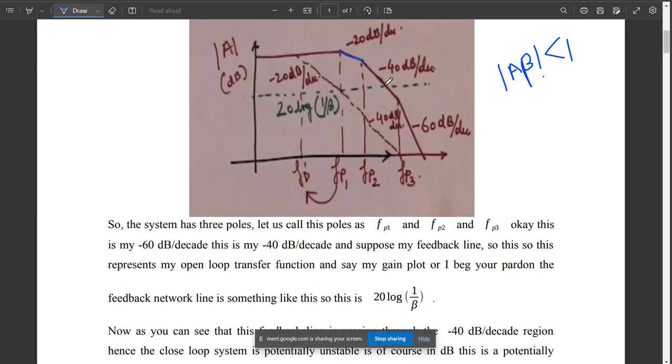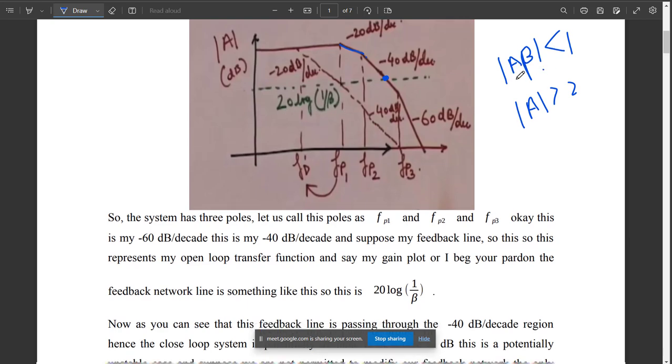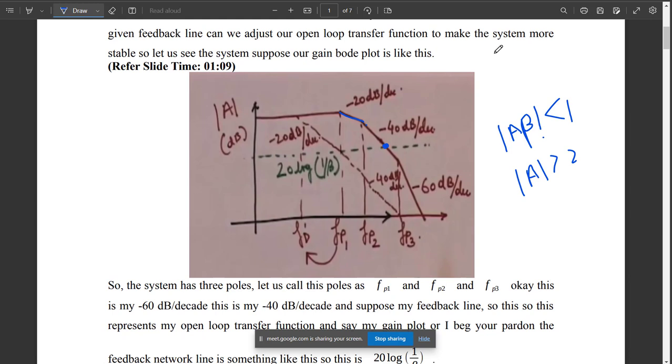So here, till this point, when mod of a is greater than 20 log 1 upon beta, because from here you can see mod of a has to be less than 1 by beta, and in dB terms it will be 20 log 1 by beta to become unstable. So till the point where mod of a is greater than 20 log 1 by beta, the system is stable, which will come till here.